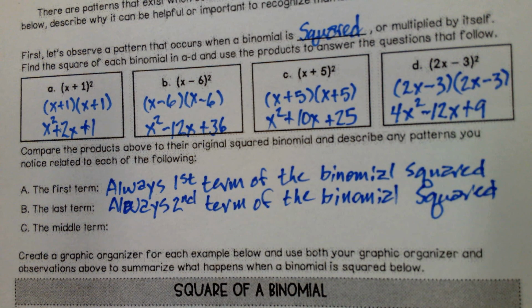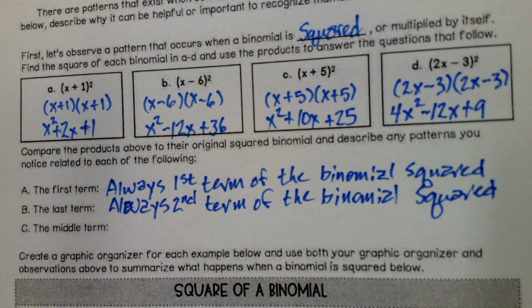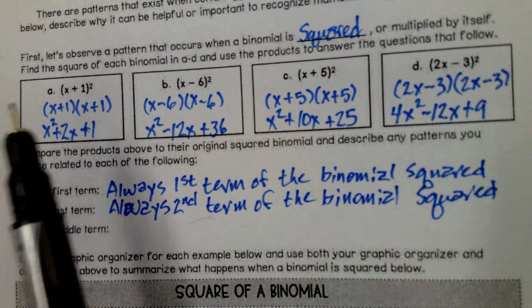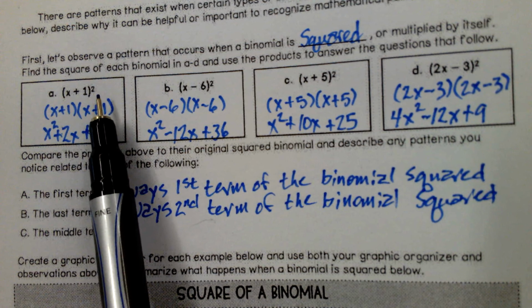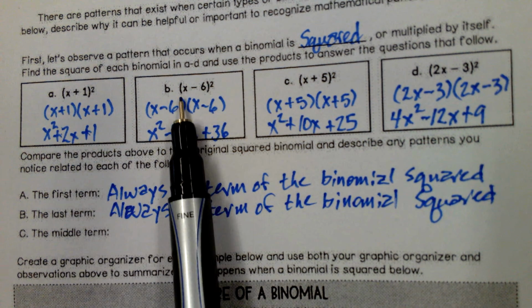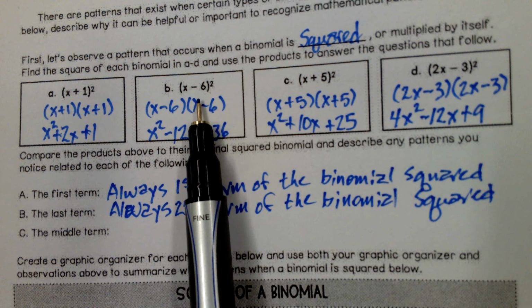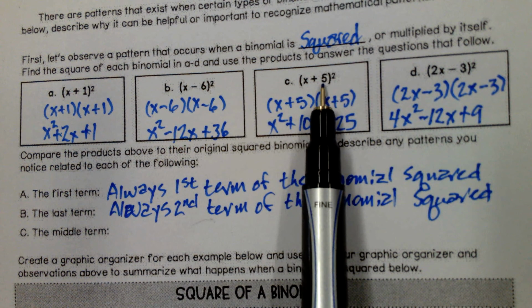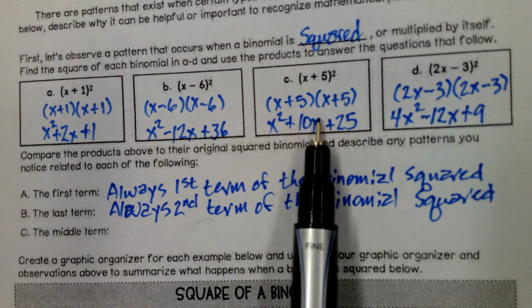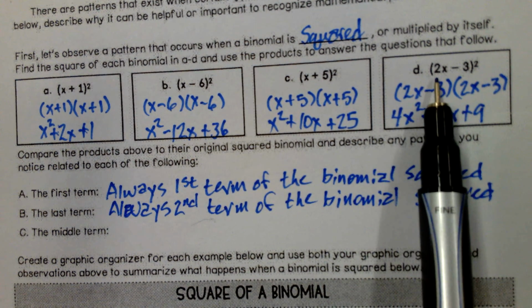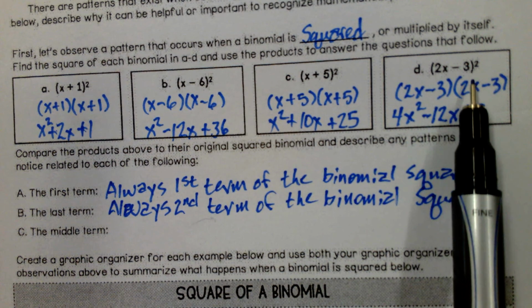Now that middle part, that middle term. It actually came from a combination of both of these. Yes? Multiply the inside and double it. Let's test it out. X times 1 is 1x. But if you double 1x, you get 2x. X times negative 6 is negative 6x. But if you double it, it's negative 12x. X times 5 is 5x. But if you double it, it's 10x. Basically that's what it is. 2x times negative 3 is negative 6x.